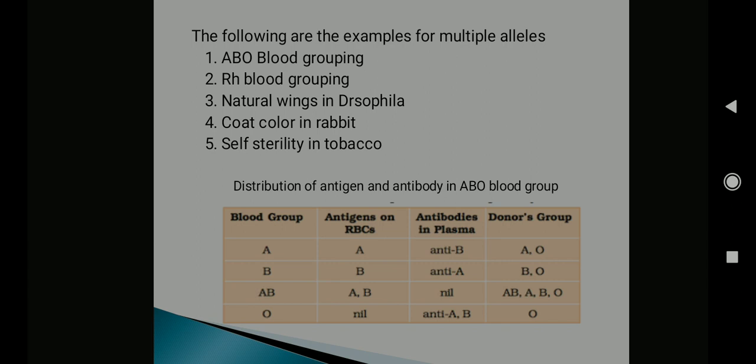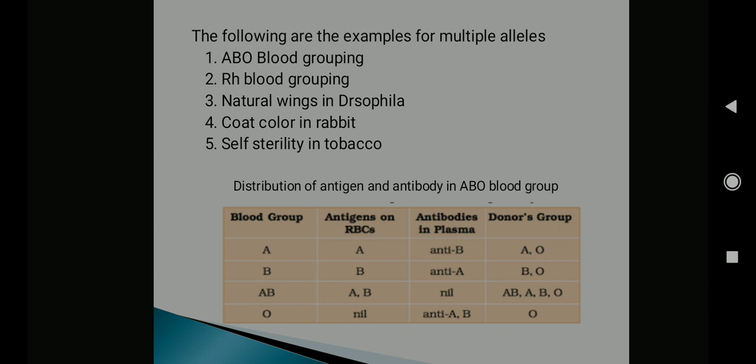A group persons have antigen A and antibody B. B group persons have antigen B and antibody A. AB group persons have antigen A and B and no antibody.